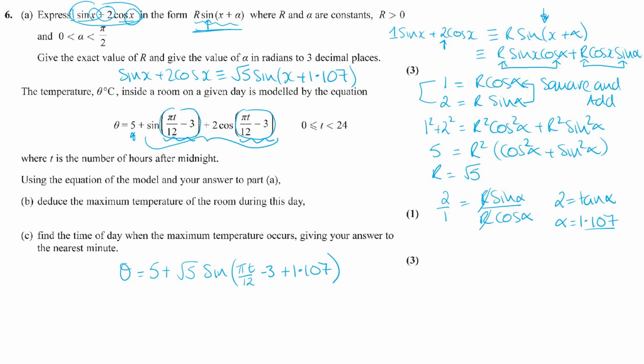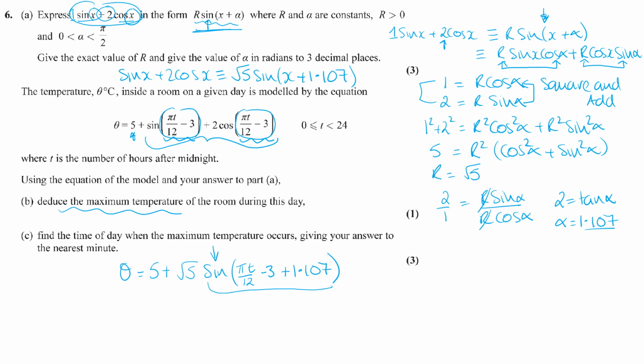So that is the equivalent equation just in our harmonic form, and we're going to use that to deduce the maximum temperature, because when we've got it just in the 1 ratio, this equation is now governed in terms of its max and min by this sine function.